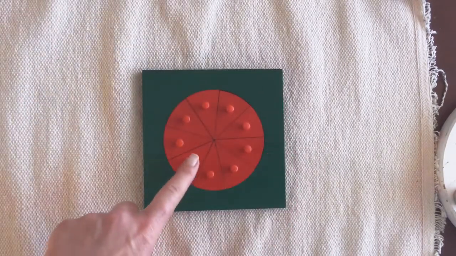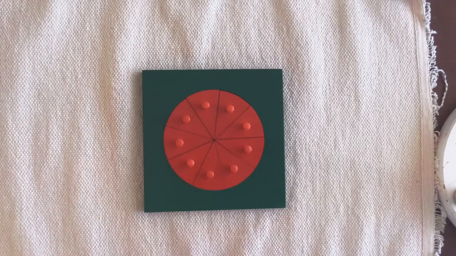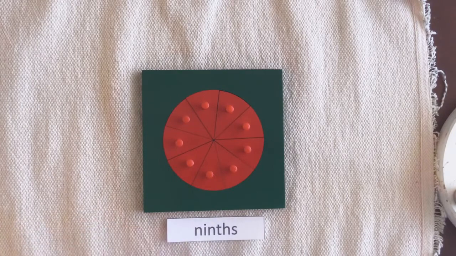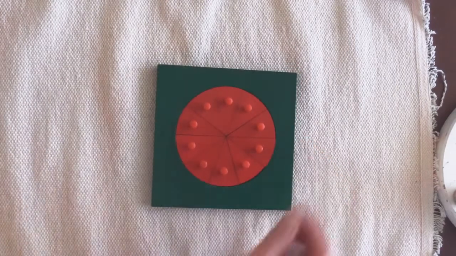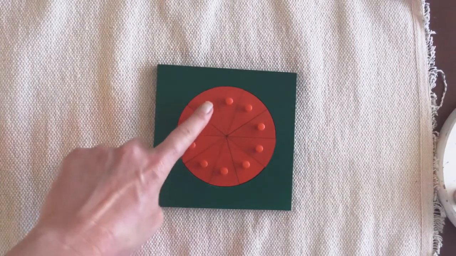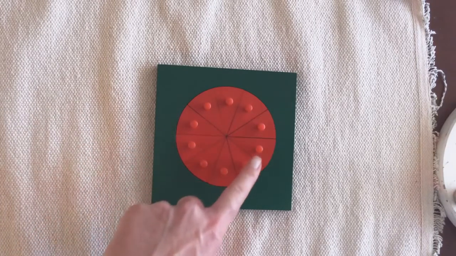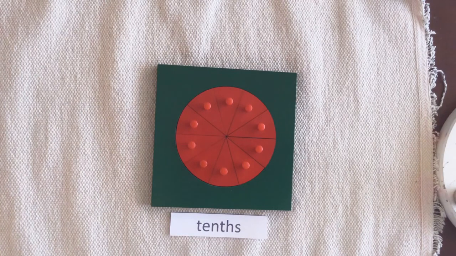And let's count this one. 1, 2, 3, 4, 5, 6, 7, 8, 9. These are the ninths. And the last one. Go ahead and count up the pieces. That is the tenths family.